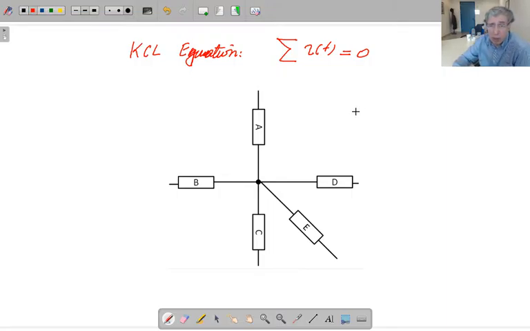When they say algebraic sum, what they mean is there is going to be a sign in front of each term. Some of the currents are going to have a minus sign and some of them a plus sign. How are we going to do it? First of all, to write the Kirchhoff current law equation, which is an axiom, we have to do the same measurement.